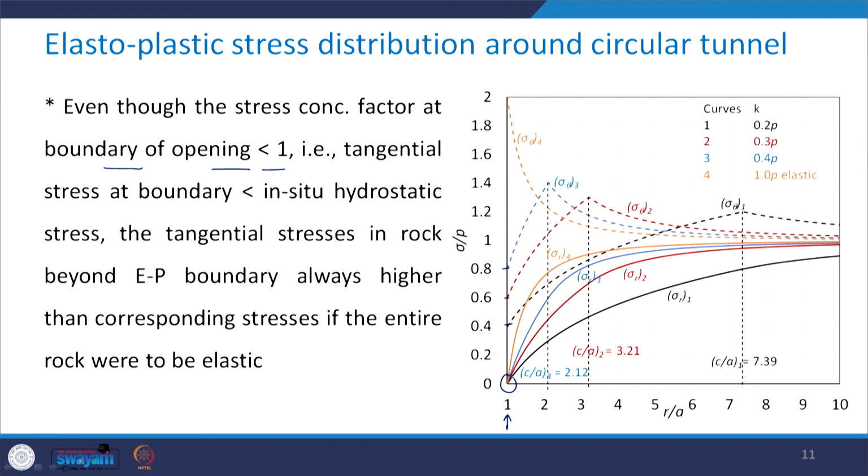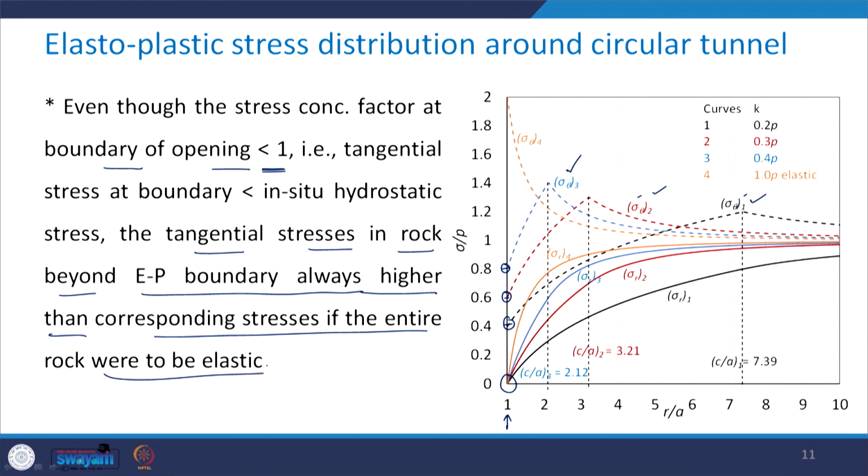So, even though the stress concentration factors at the boundary are less than 1, or in other words the tangential stresses sigma theta 1, sigma theta 2 and sigma theta 3 are all less than 1, the tangential stress in the rock beyond the elastoplastic boundary is always higher than the corresponding stresses as if the entire rock were to be elastic.